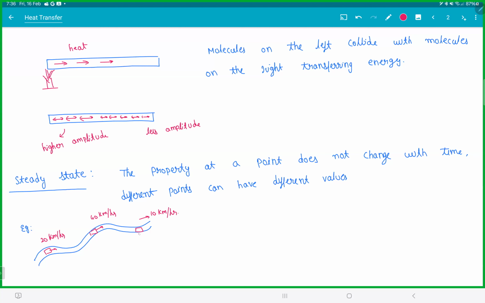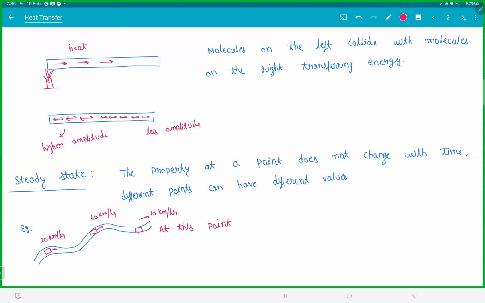You're getting it? So basically, at this point, think about it. On the road, let's say if the speed limit is 20 kilometers per hour and everyone is strictly following, most of the cars will have a speed of 20, right? At the point where the speed limit becomes 60, most of the cars will have a speed close to 60. So is the speed of the car constant?